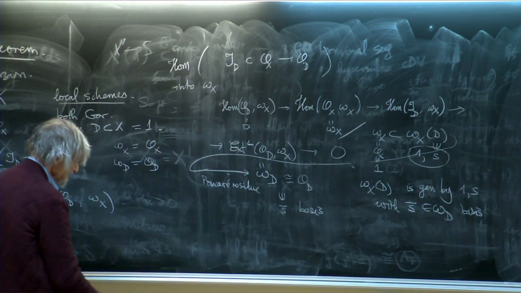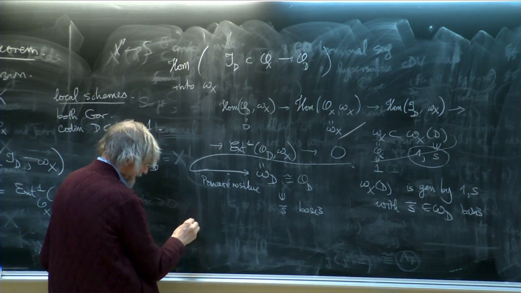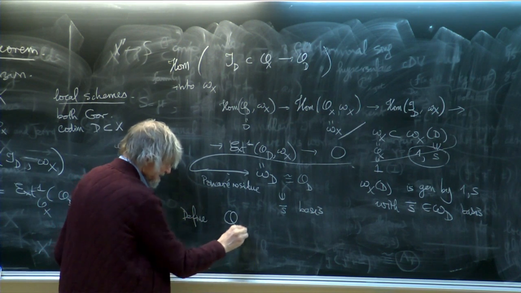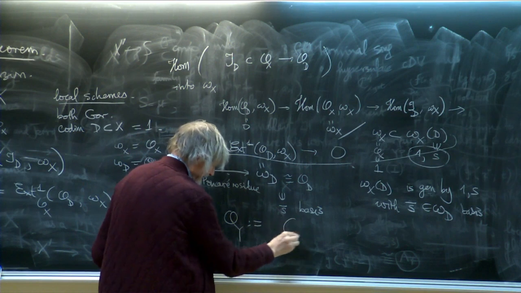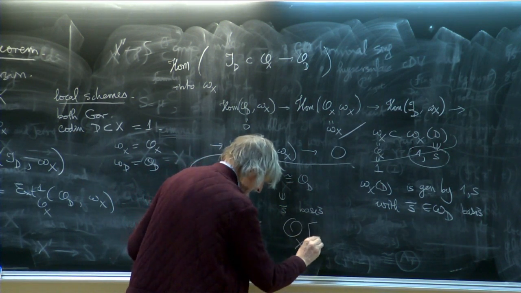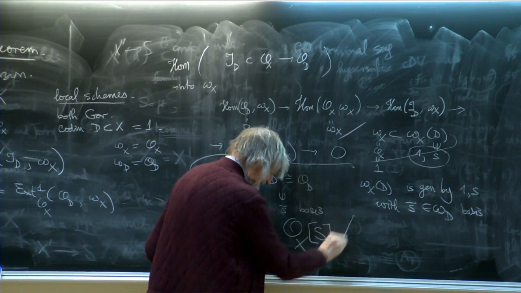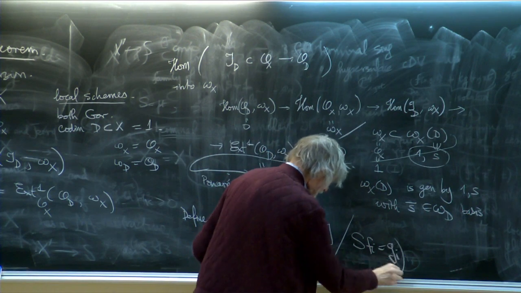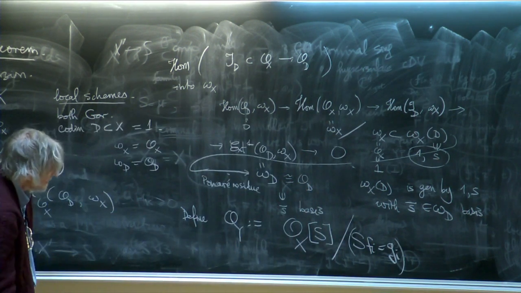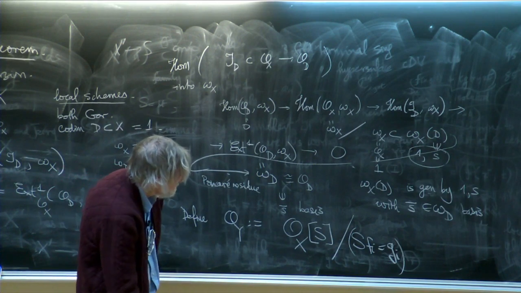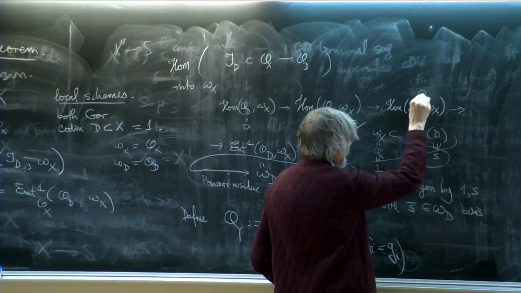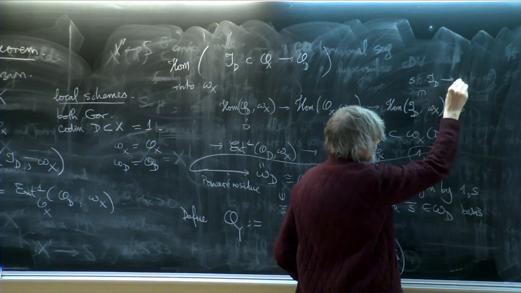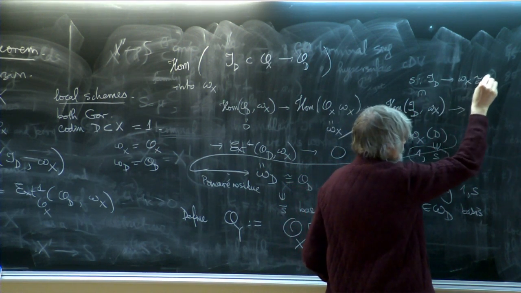Yes? And so the theorem is this, that I'm going to define OY to be equal to OX adjoined S, and then divided out by equations, S times Fi equals Gi. So here I've got S in there, so S is a homomorphism from ID to omega x, which is isomorphic to OX.